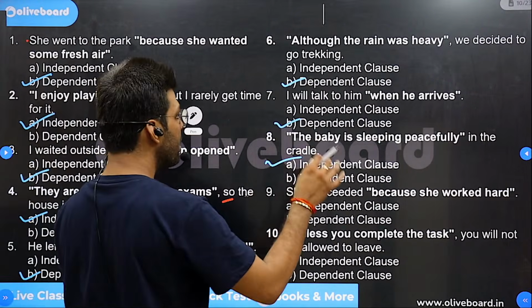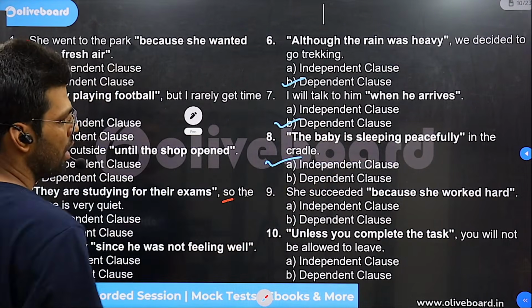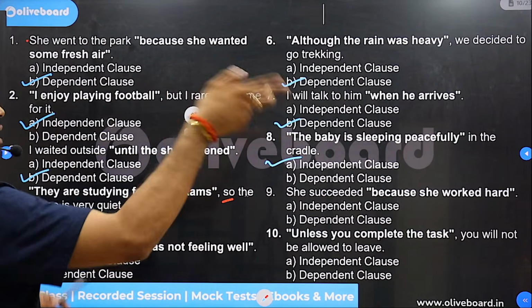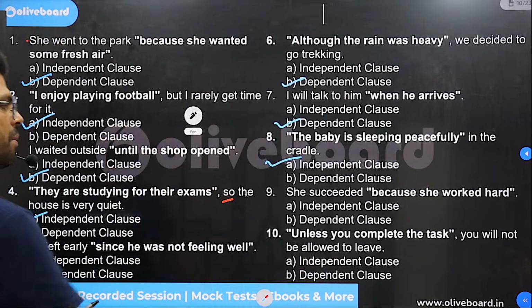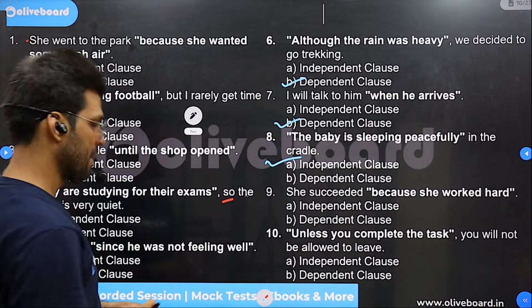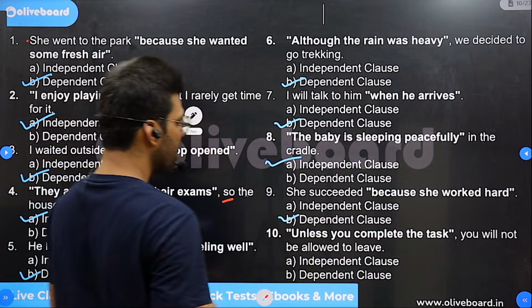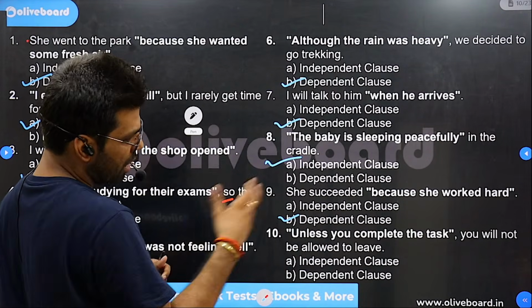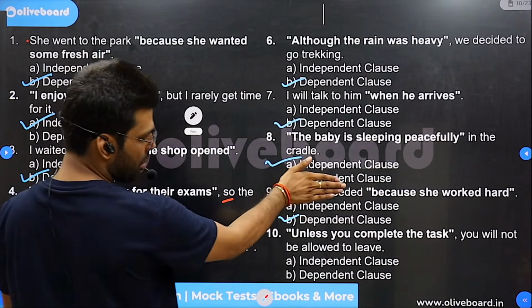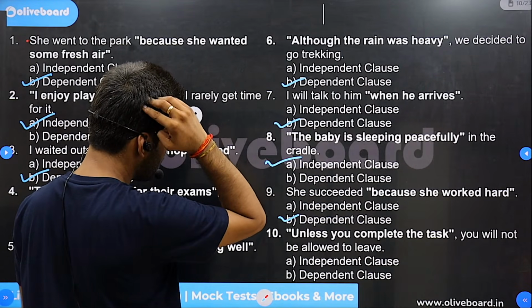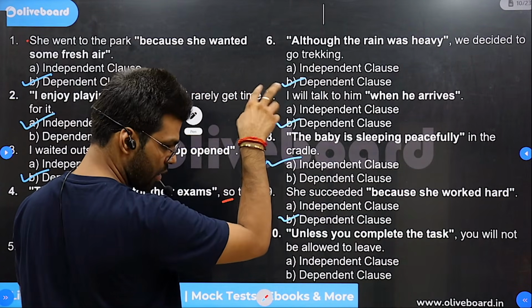Exactly. The baby is sleeping peacefully. It doesn't depend on any other statement, when, if, etc. Independent. Yes. Ninth B. She succeeded. Oh, she got selected because she worked hard. If I drop this sentence, that is incomplete. Because she worked hard, so she succeeded.